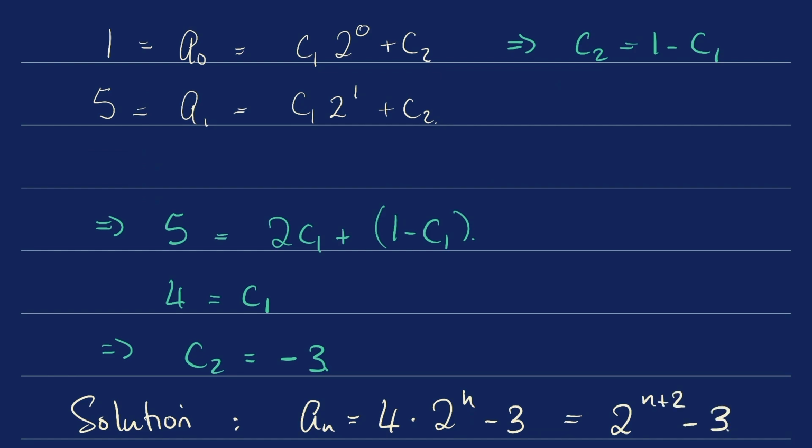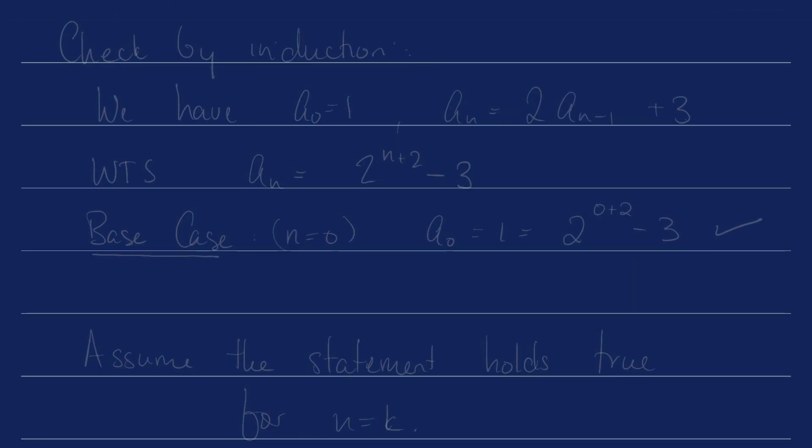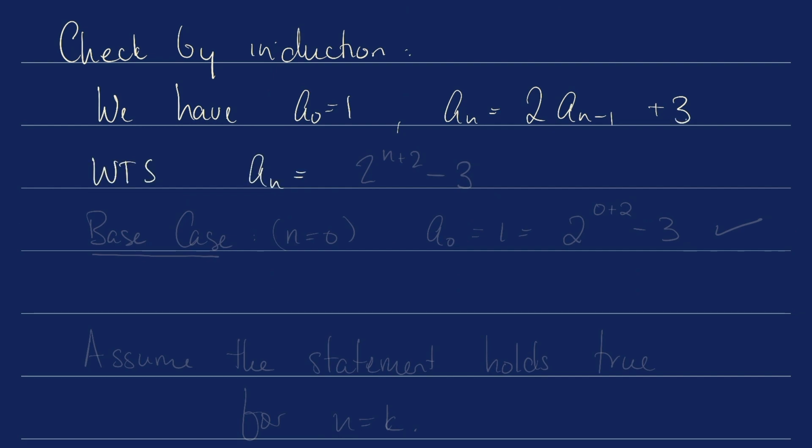Okay, our proposition tells us that this is what our solution should look like. Let's just double check by induction. We have that a_0 = 1 and a_n = 2 a_{n-1} + 3. And we want to show that a_n = 2^(n+2) - 3 solves the recurrence relation.